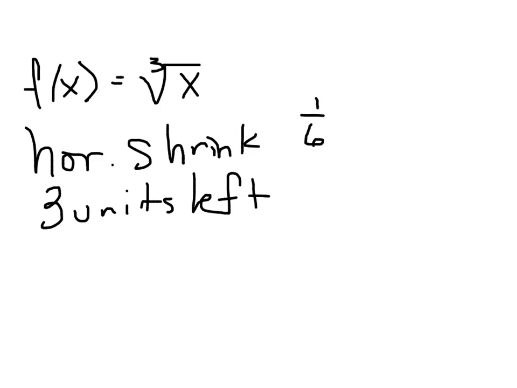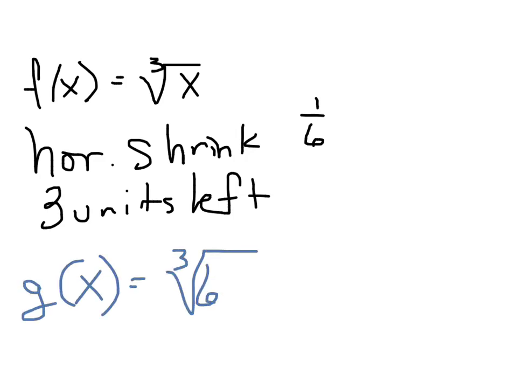So the new one, so far we have the cube root of 6x. Then 3 units to the left means what operation? It's going to be inside, and it's plus 3.